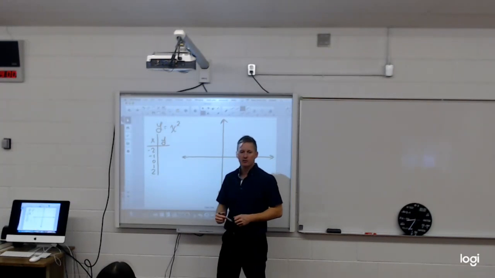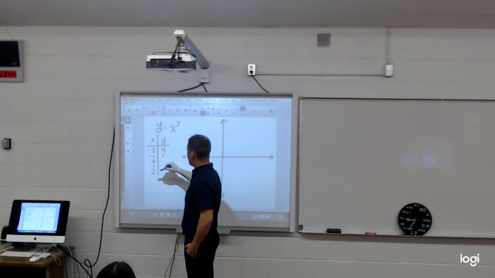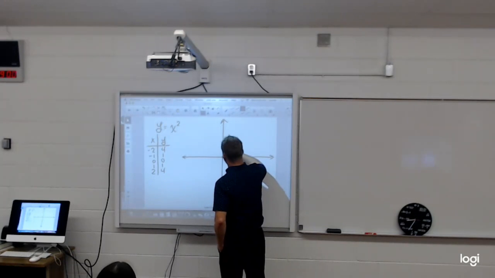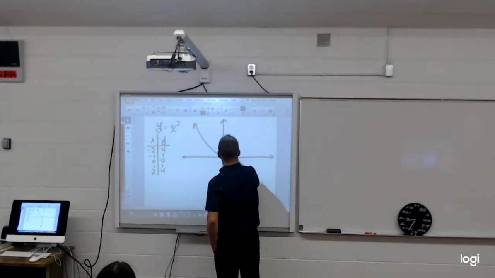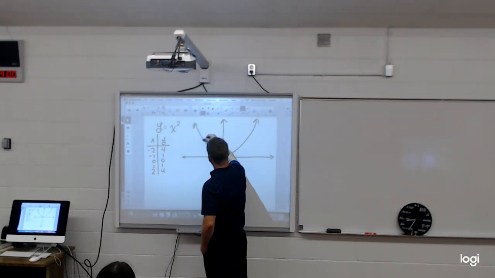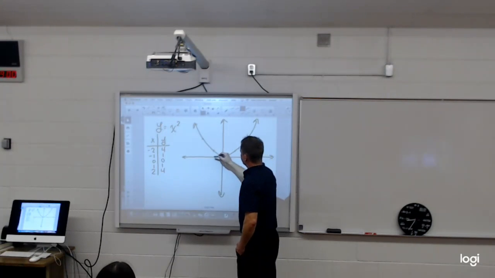What is minus 2 squared? 4. Minus 1 squared? 1. 0 squared? 0. Then 1 and 4. So my parabola looks like this: negative 1 and 1, negative 2 and 4, 2 and 4.